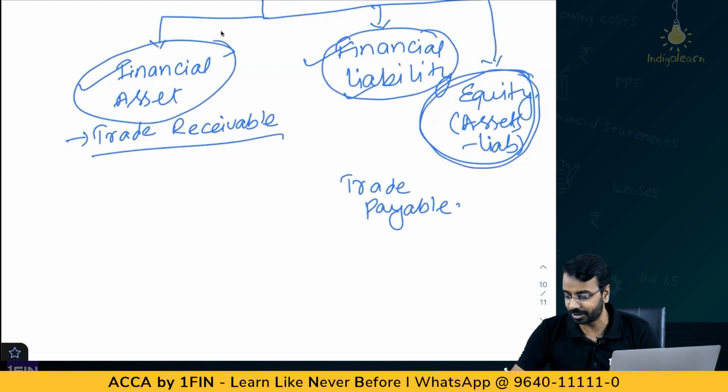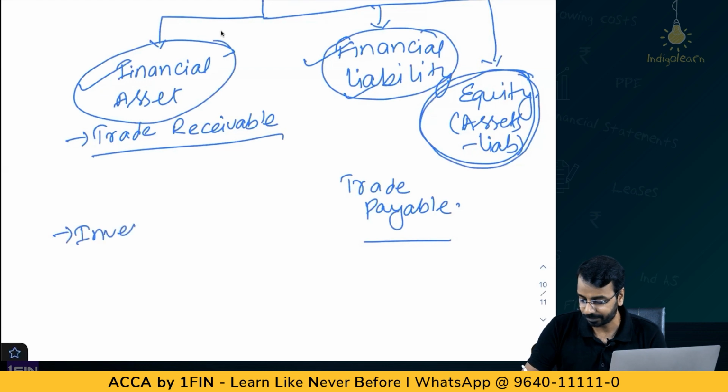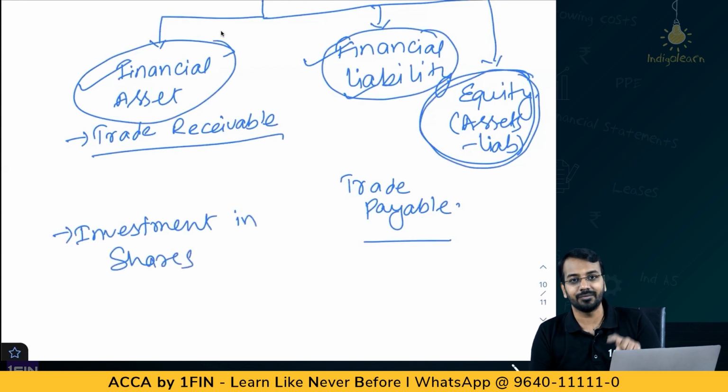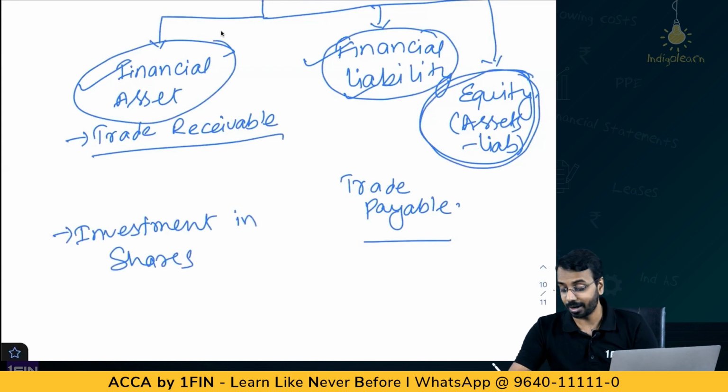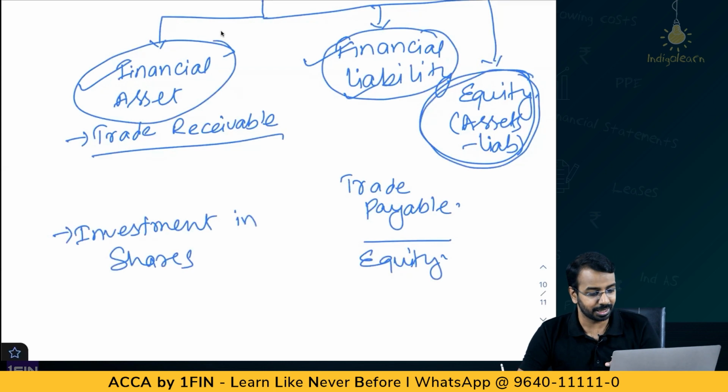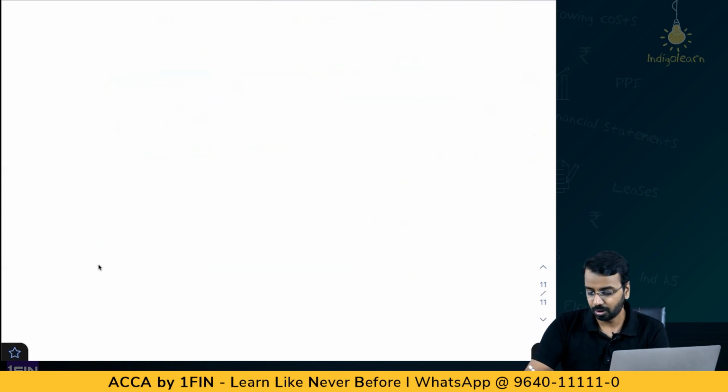Or you have, let us say, investment in shares. One company has invested in shares of another company, then for the other company, that portion would come under equity. So a financial instrument is a financial asset for one company and a financial liability or equity for another entity, right?